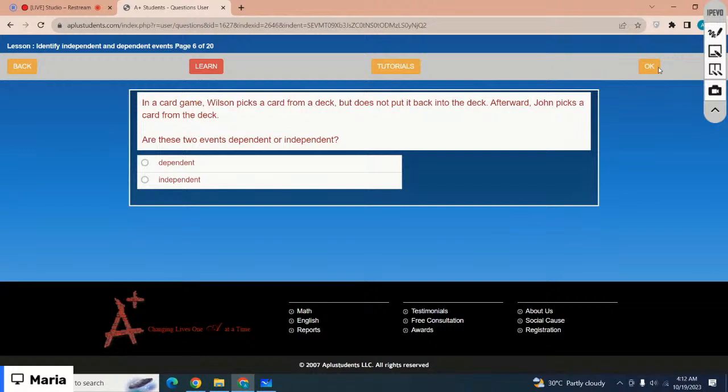In a card game, Wilson picks a card from a deck but doesn't put the card back into the deck. Afterward, John picks a card from the deck. Are these two events dependent or independent? What do you think? Which is the correct option?